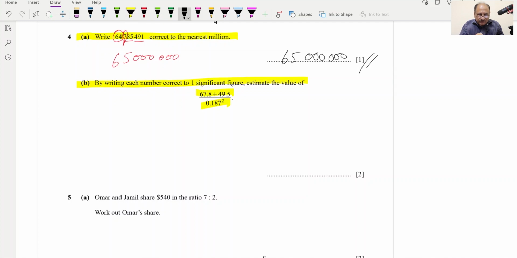One significant figure 67.8 will be rounded to 70 up to one significant figure, and this 49 will be 50, and over this will be 0.2, and this will be taken as square, and this will be equal to 70 plus 50 will be 120, and 120 over 0.4, 0.2 square will be 0.4. No, not 0.4, it should be 0.04.